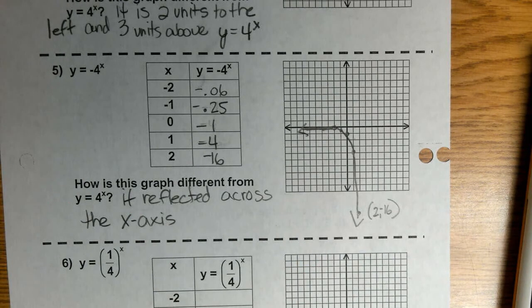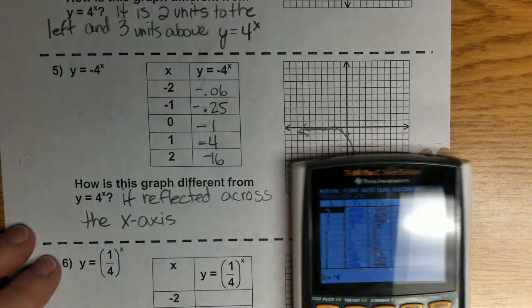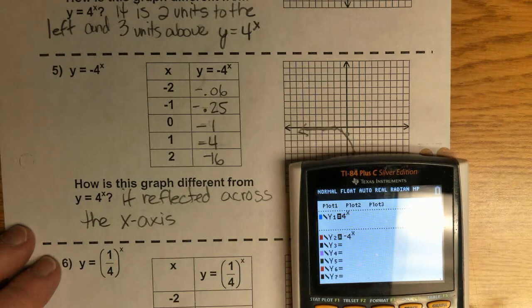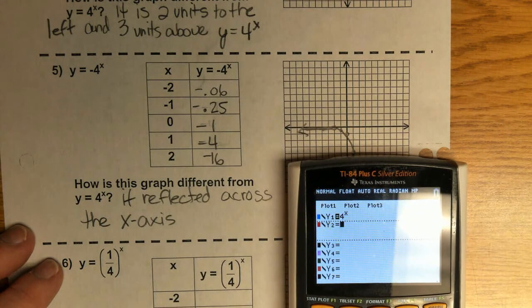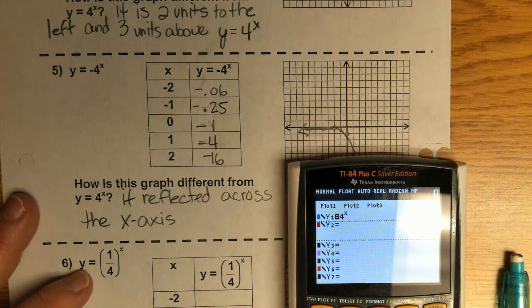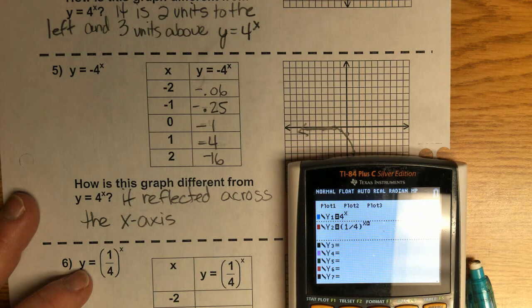Okay. The last one we're going to look at, I'm going to go back to y2 and change that one instead of changing y1. I'm going to put parentheses, 1 divided by 4, parentheses to the power of x, and I'm going to graph it.